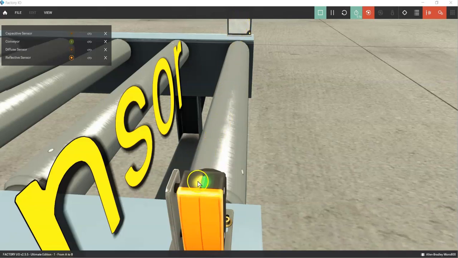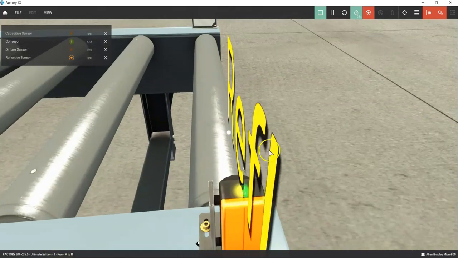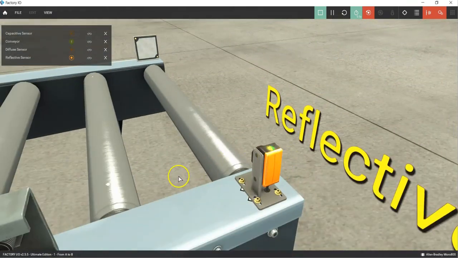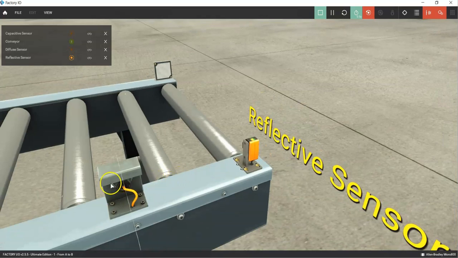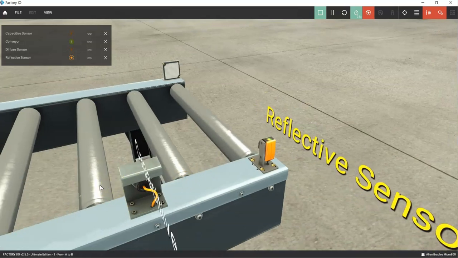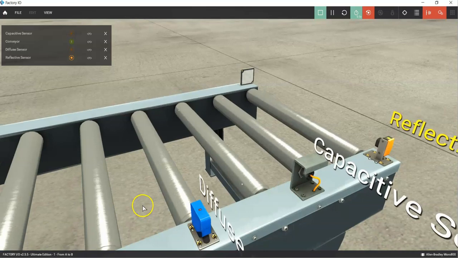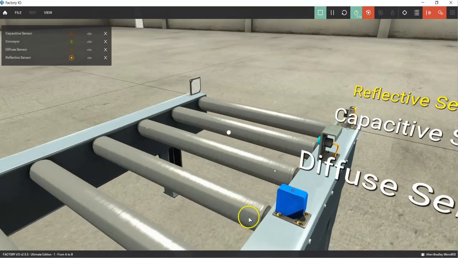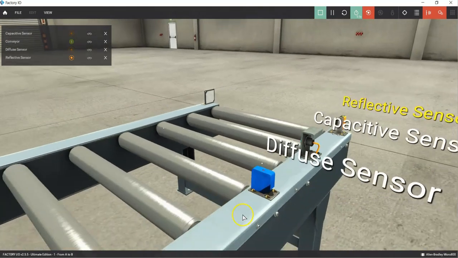And the yellow one is saying that the light beam is not interrupted. So when the yellow light is on, the beam is getting reflected back, basically. The capacitive sensor doesn't necessarily have an indicator on it, and then the diffuse sensor does have a little LED on top of it that would light up when it gets triggered. Right now, it's not triggered, of course.